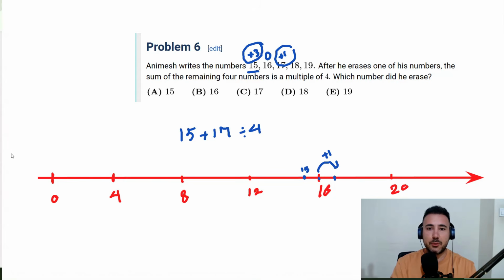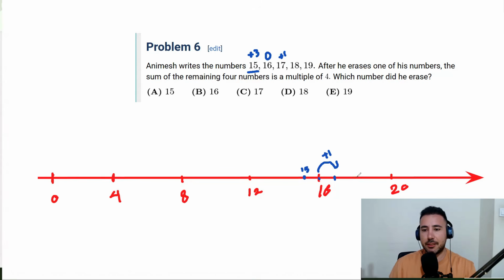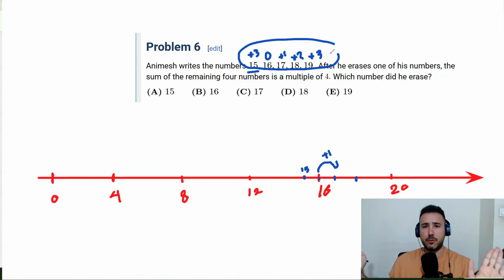So now we're going to continue writing these numbers. So 18 is here, so a plus 2. 19, of course, is a plus 3. Now, if the sum of these numbers is already divisible by 4, then we have no problem.